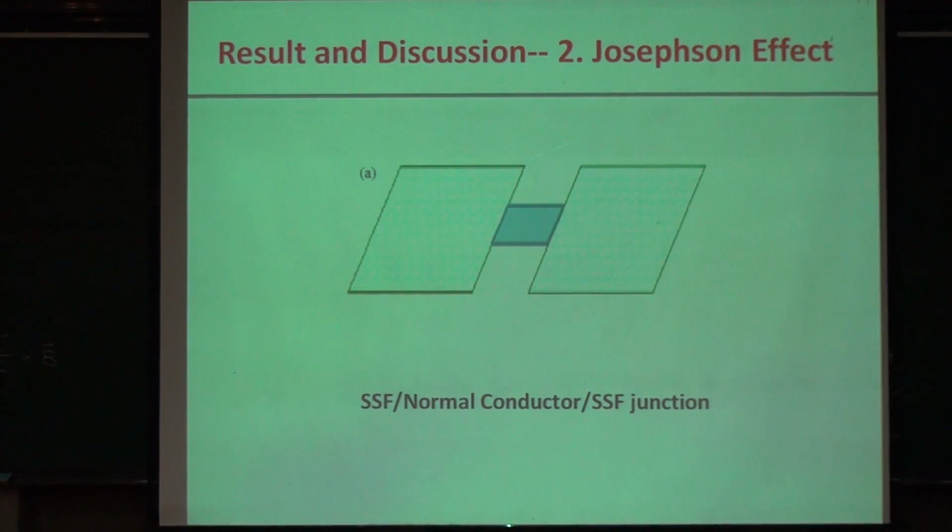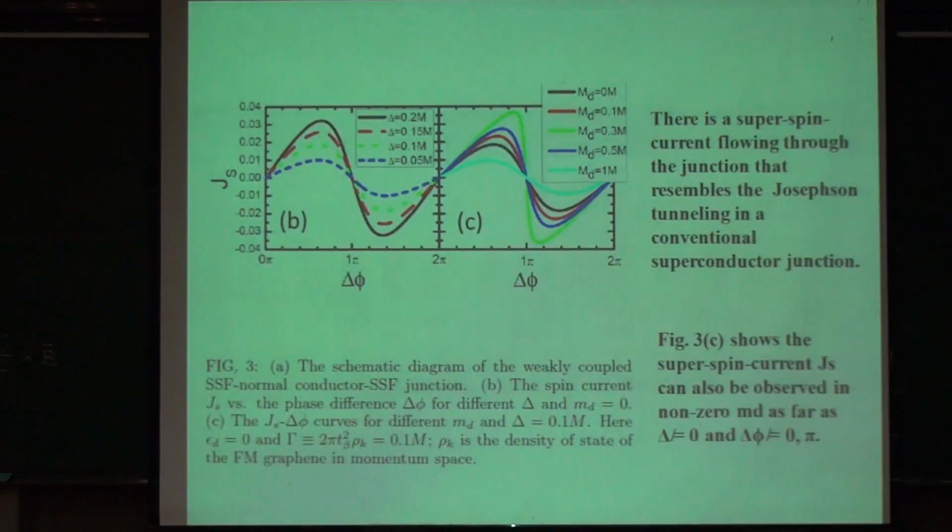Again, the current is the spin current. You just need to have a phase difference between these two pieces of spin superconductor to give you a Josephson current.